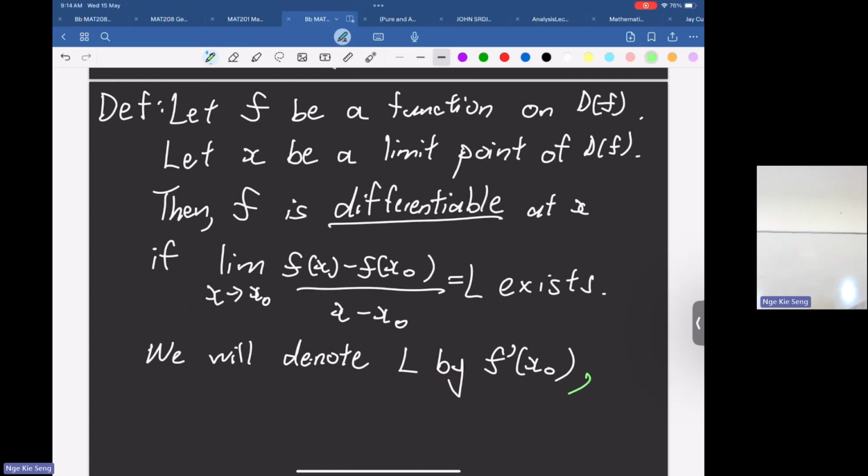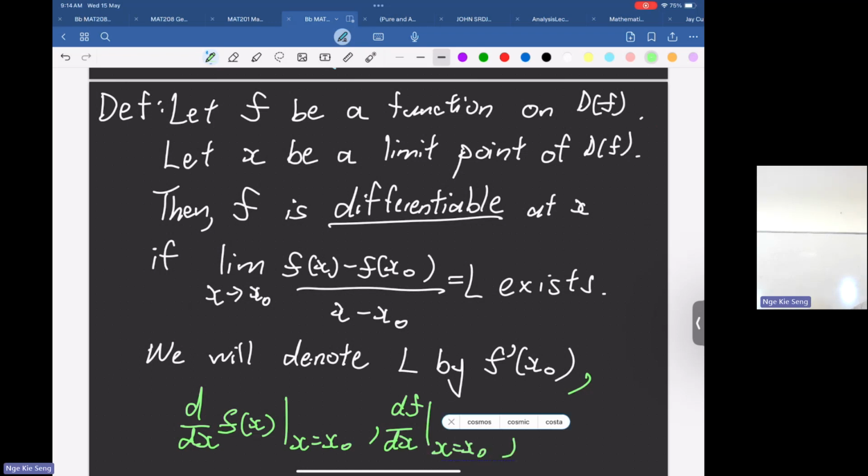What other way? d over dx of f(x) evaluated at x0, for example. You also have df/dx. Sometimes you will put dy/dx. I think that's it. So these are different ways to write it.